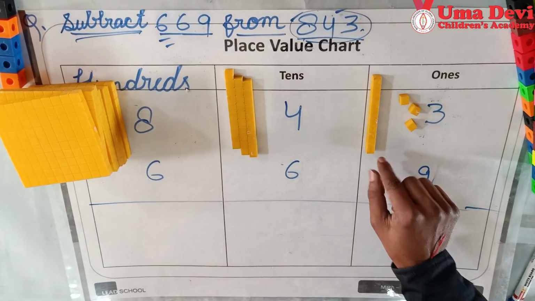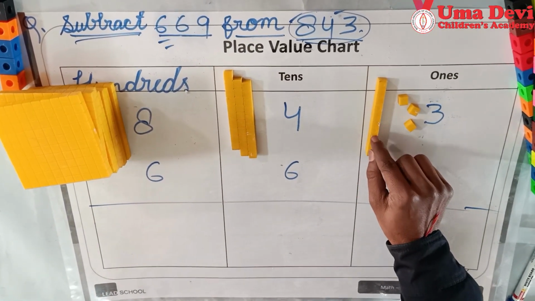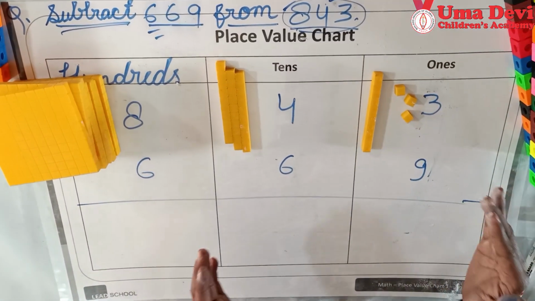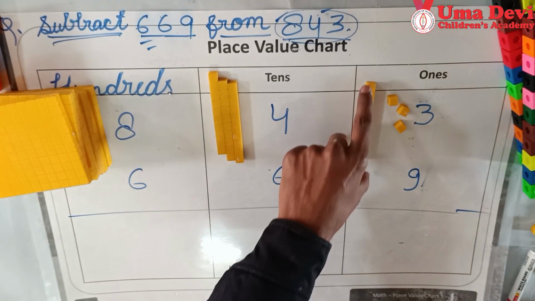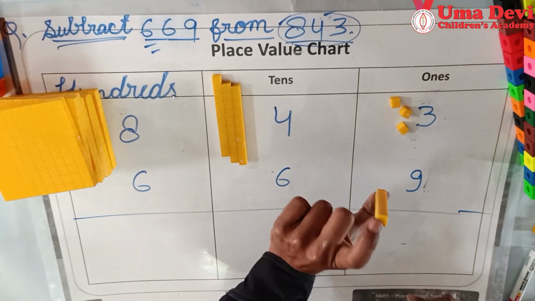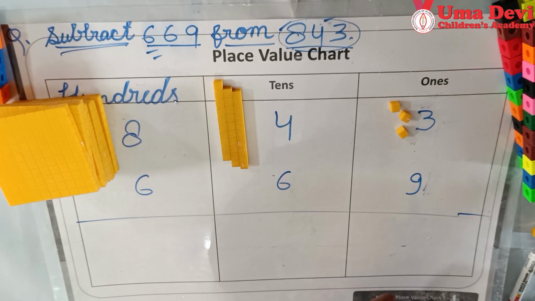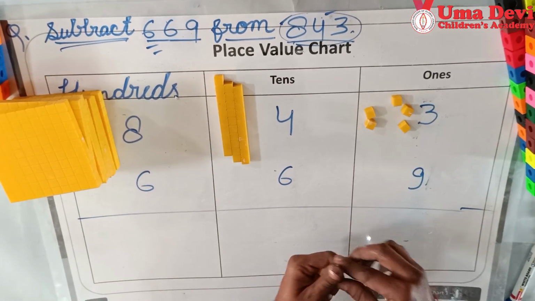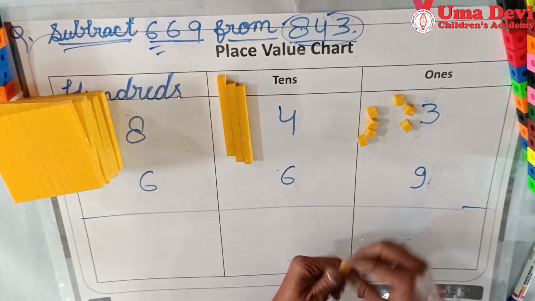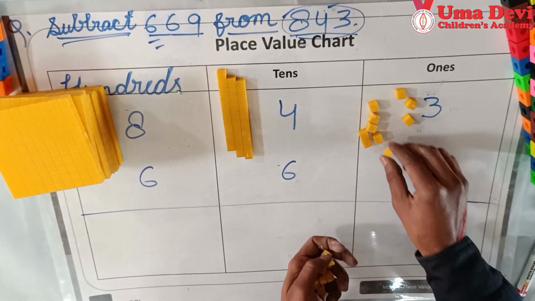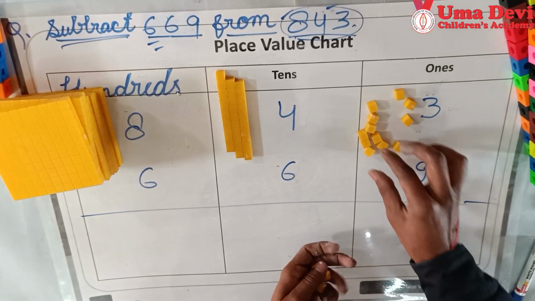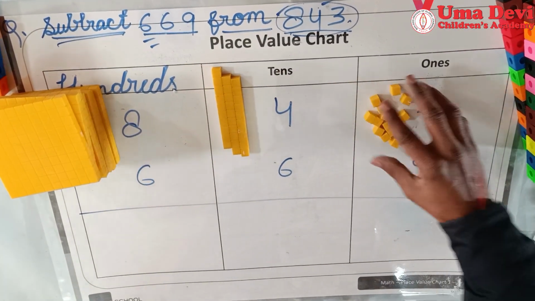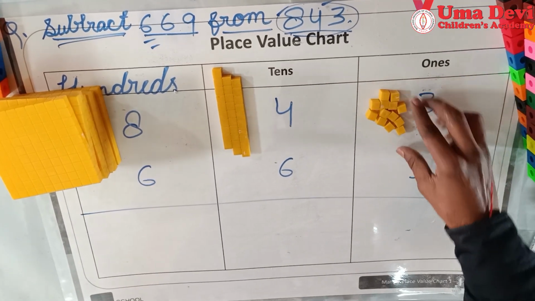So look, count here: 1, 2, 3, 4, 5, 6, 7, 8, 9, 10. When we put together 10 ones blocks, we can make this tens block. These are 10, these are 3. It means the total will be 13, right?